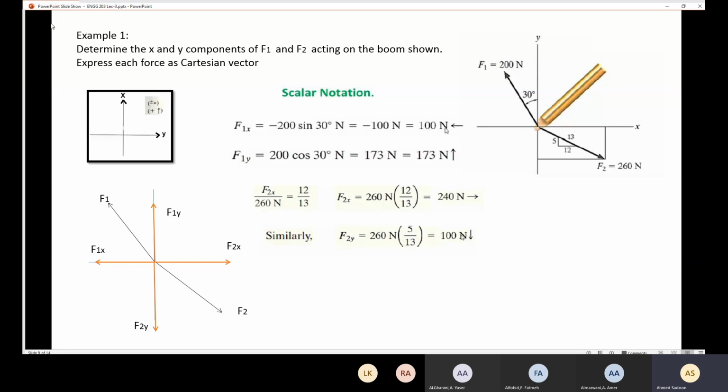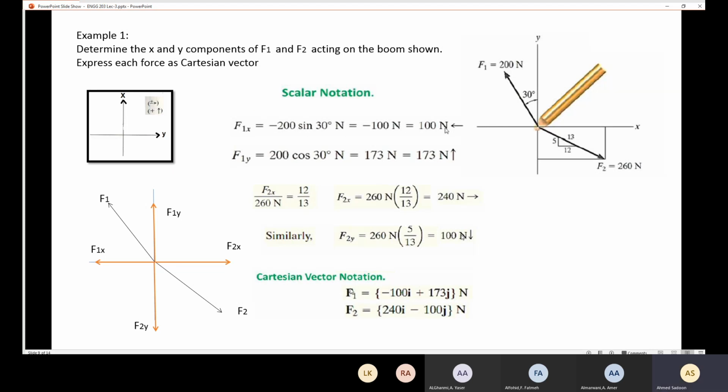And now I finish the first part. I decompose all the forces into rectangular components. And also he says that he wants us to express each force as Cartesian vector.